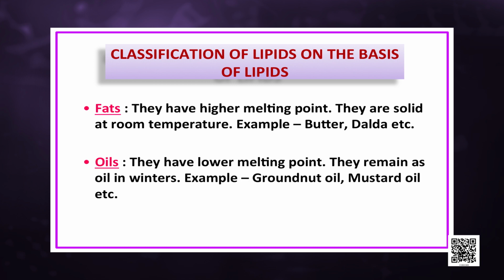On the other hand, oils have a lower melting point. They are present in liquid state at room temperature, even in winters. Examples are groundnut oil, mustard oil. You might have noticed in your homes that even during severe winter, mustard oil remains in its liquid state. The low melting property is actually the property of fatty acids.